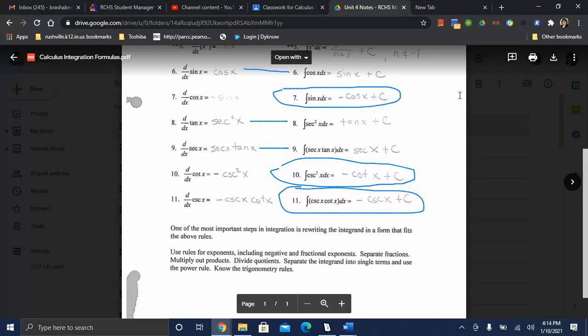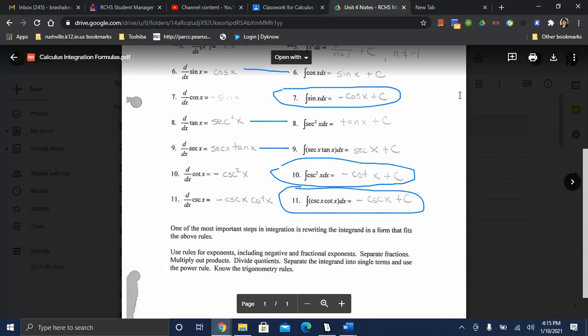And I'd say that the most important thing that you have to realize is with integration, just as with any inverse operation, your rules are more strict. So the form that the integrand is written in has to be an exact match for the formula.